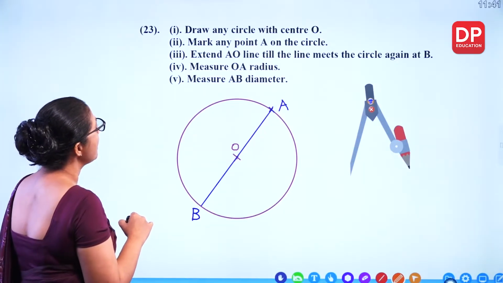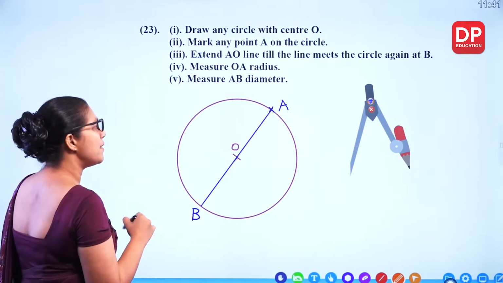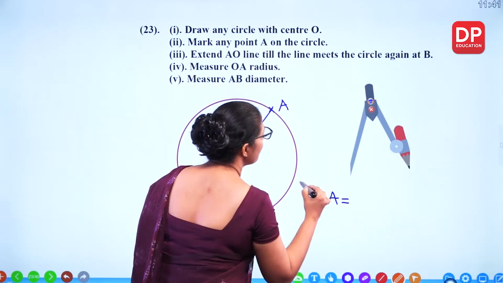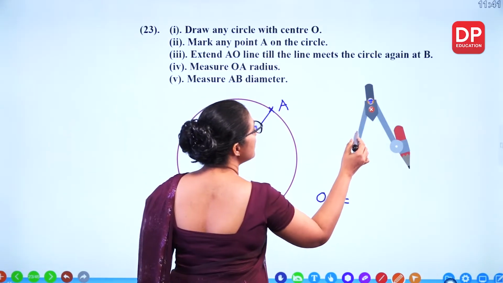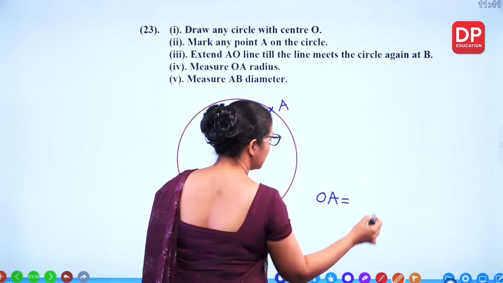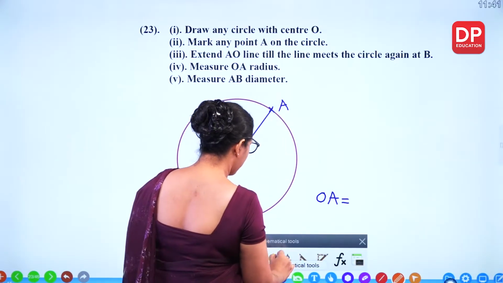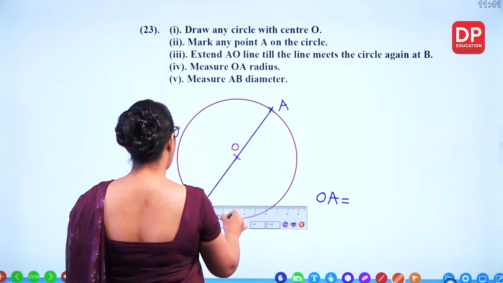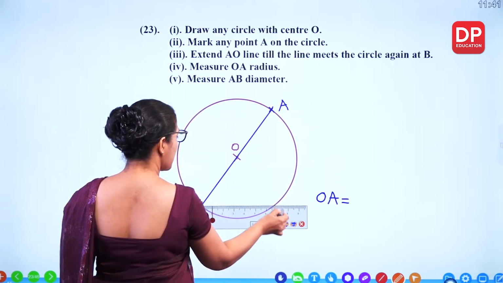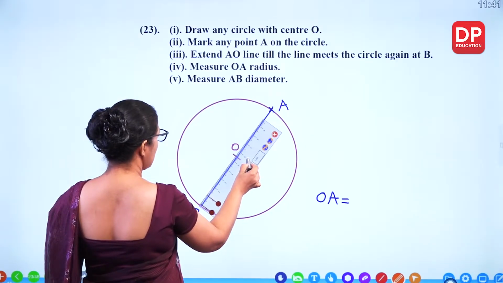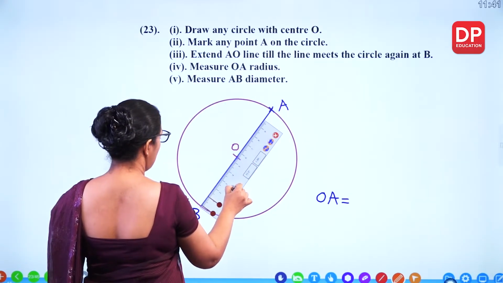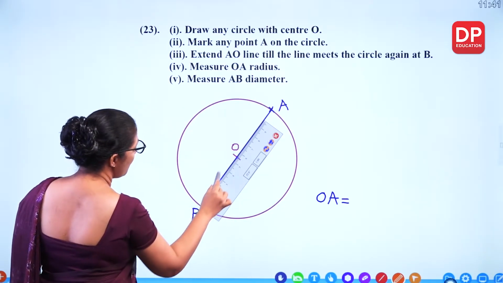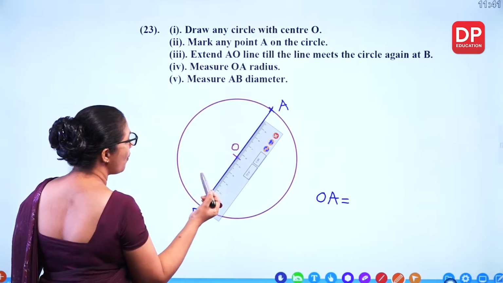Measure OA radius, measure AB diameter. So what's OA length? So we can keep the ruler and measure the length. So I can keep it on top of this point and rotate my ruler, and I get here first OB or OA.